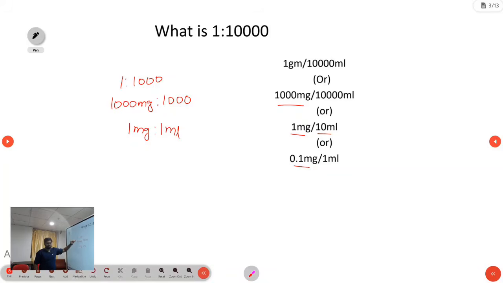In 1:1000 dilution, each ml will have 1 mg, whereas in the 1:10,000 dilution, 1 mg will be present in 10 ml, or else 0.1 mg in each ml. So in 1:1000 dilution 1 ml has 1 mg, whereas in 1:10,000 dilution 1 ml has 0.1 mg.